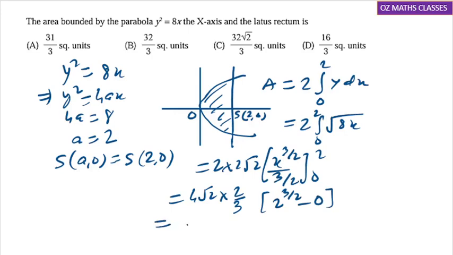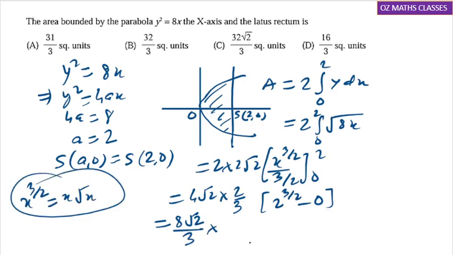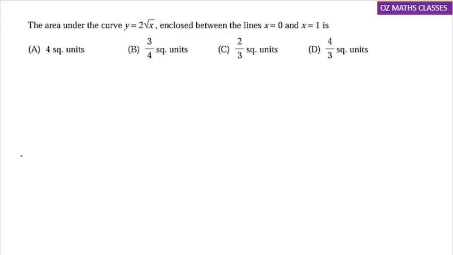So here you will get 8 root 2 by 3, and we know that x power 3 by 2 means x root x. So 2 power 3 by 2 will be 2 root 2. Finally you will get 32 by 3. 32 by 3 is given in option B.